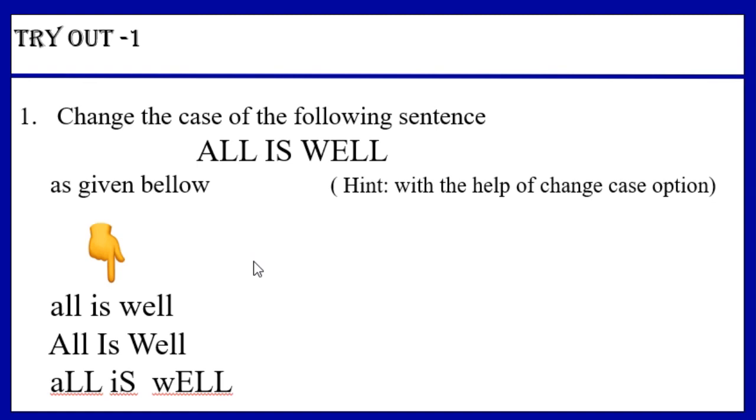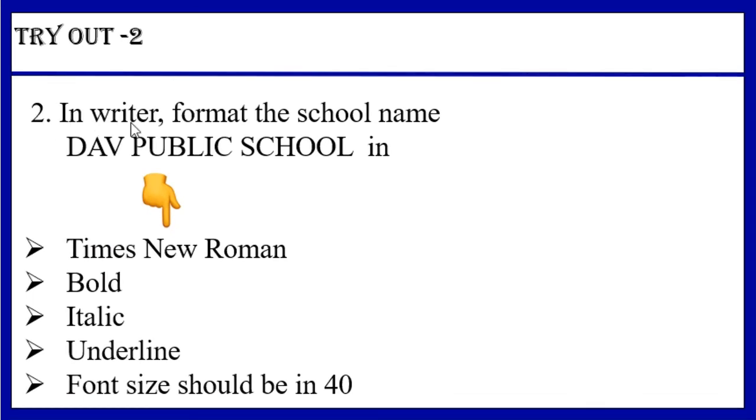So do accordingly, children. And here is your second activity. In Writer, format the school name DAV Public School in Times New Roman, bold, italic, underline, and the font size should be 40. So do accordingly, children.